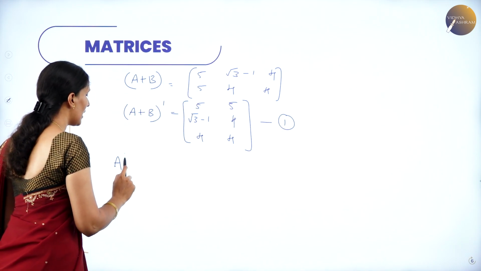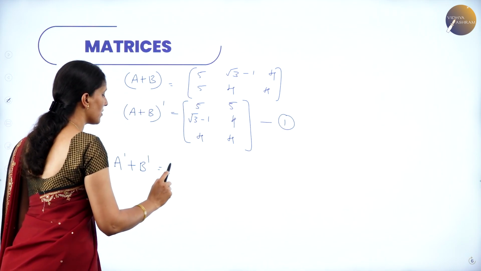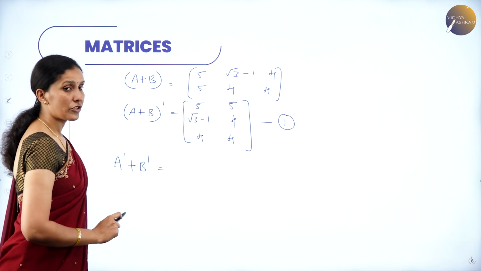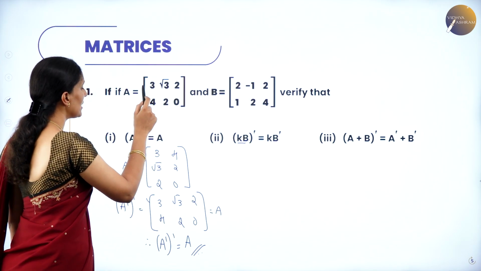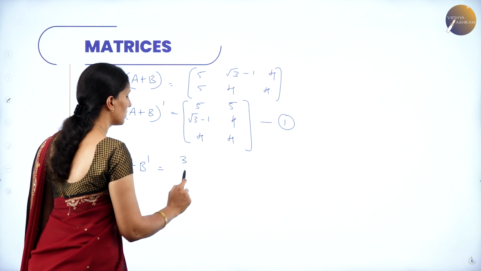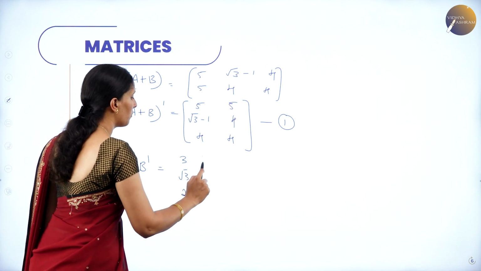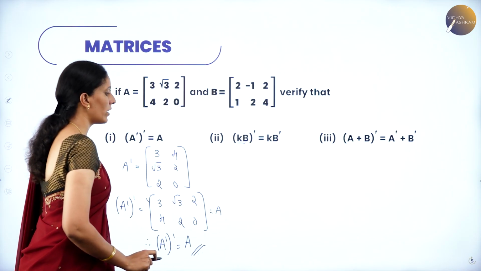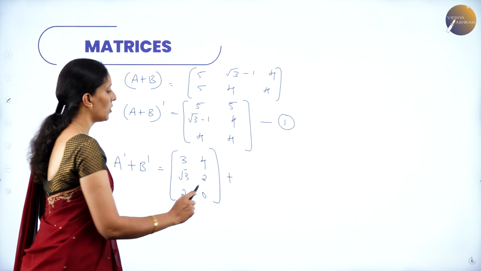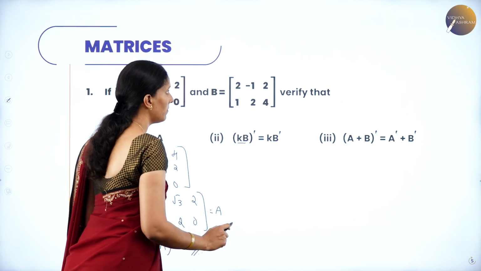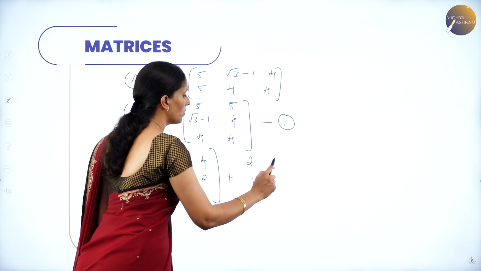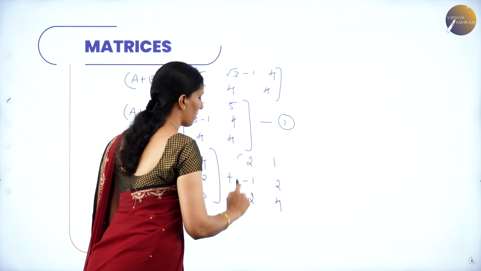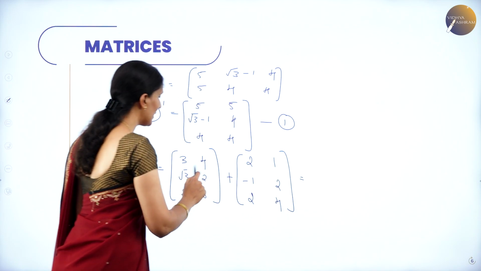Now let's take A transpose plus B transpose. So let's write A transpose first. That is 3, root 3, 2, 4, 2, 0. And plus, what is B transpose? We can take 2, minus 1, 2, 1, 2, 4. Let's add these two now.